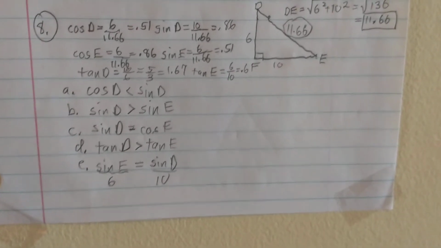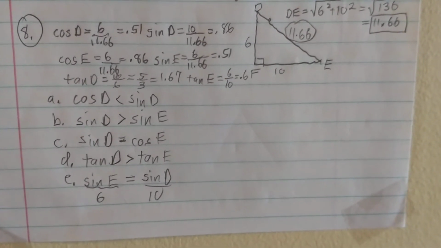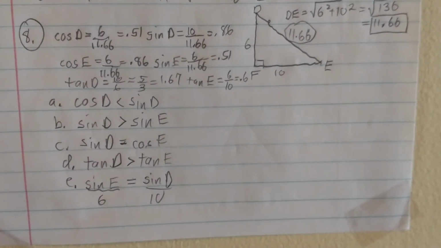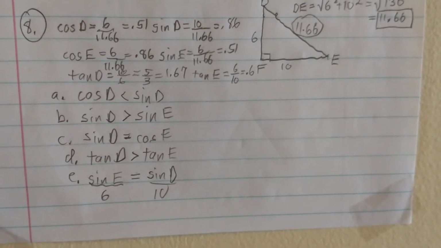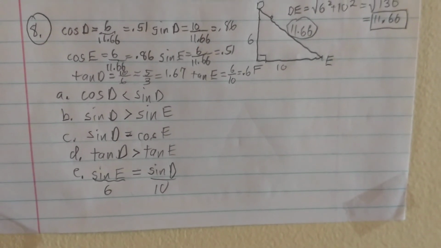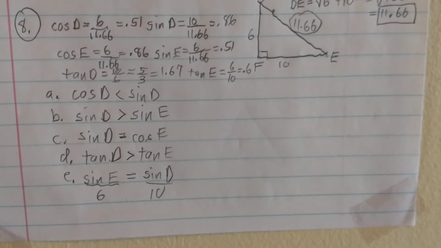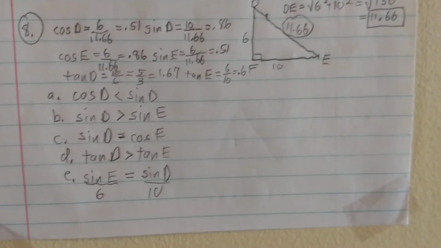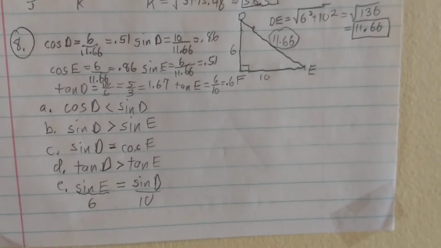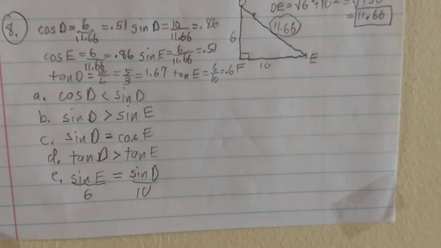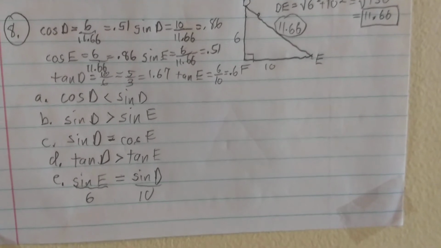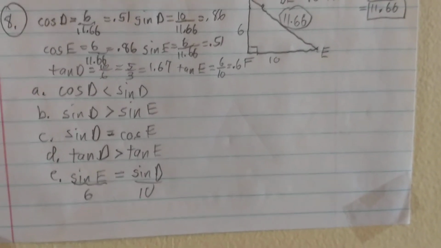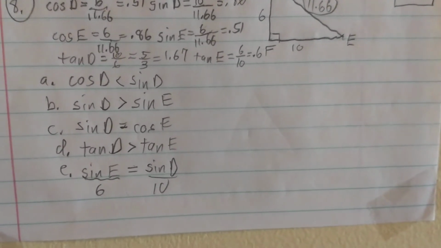Now we're asked to compare cosine D, which is 0.51, to sine D, which is 0.86, and clearly it's less than. We're looking at sine D, 0.86, compared to sine E, which is 0.51, so that's a greater than. Now sine D is equal to cosine E, as we said, and tangent D, 1.67, is clearly greater than tangent E of 0.6.